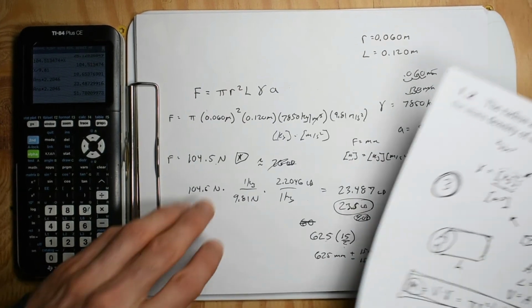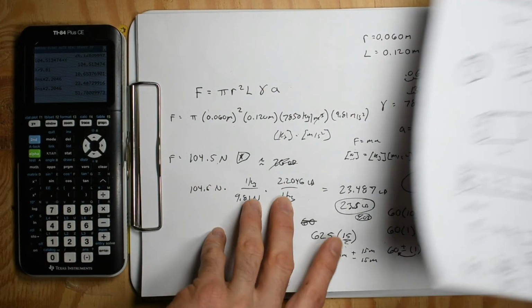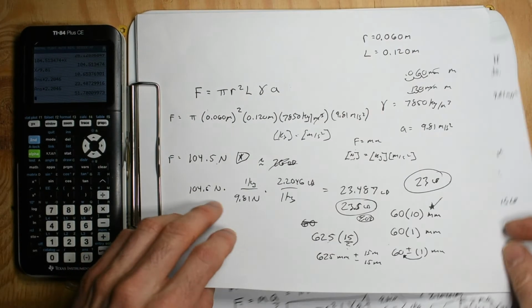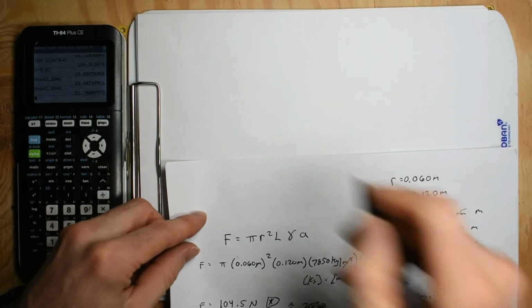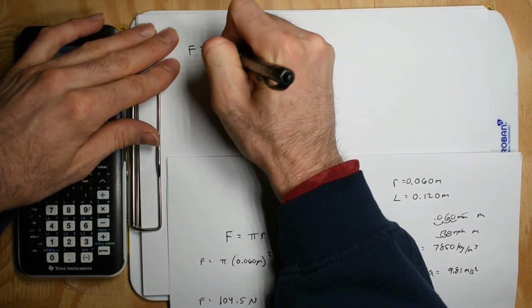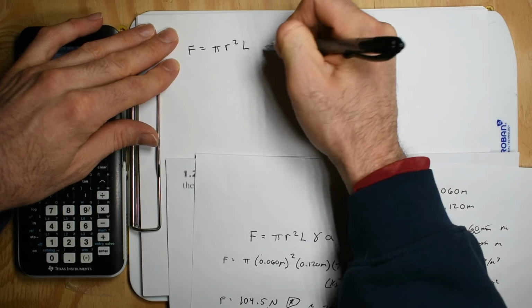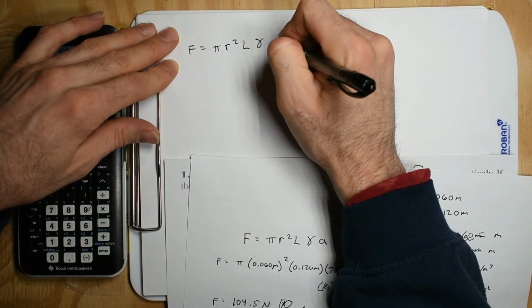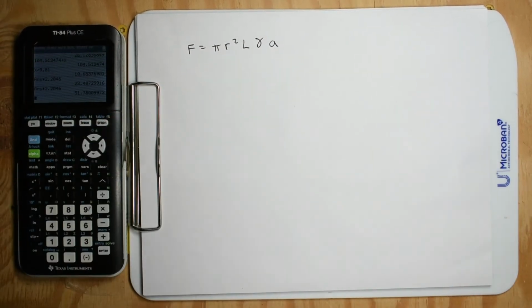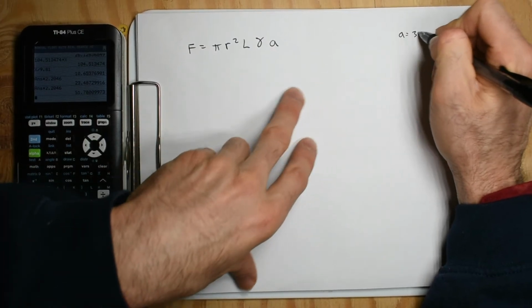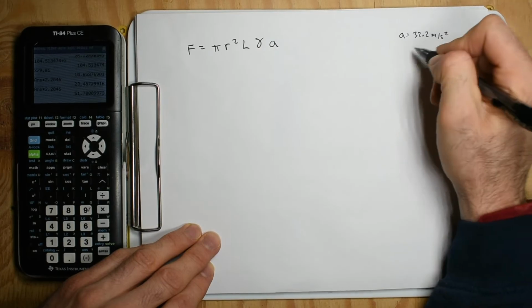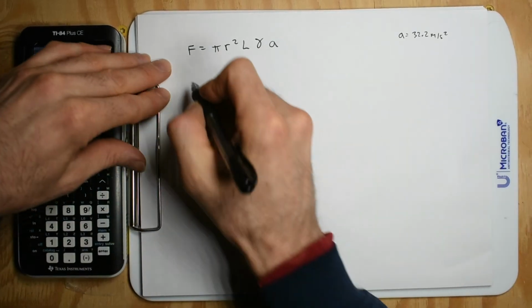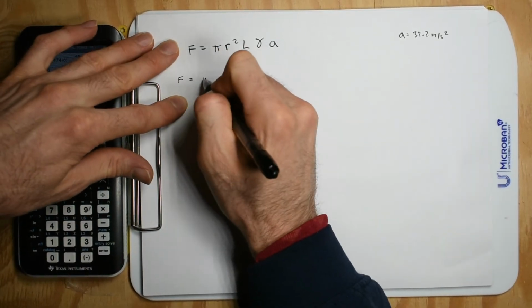All right. So do you want to be done with this problem, or do you want to do it? I think we want to do it one more. I think we actually want to do it all in one go. We're going to use our equation, pi R squared L. And then how would you convert all this? So your A is going to be 32.2 feet per second squared. Let's just do it. So you got force, pi.